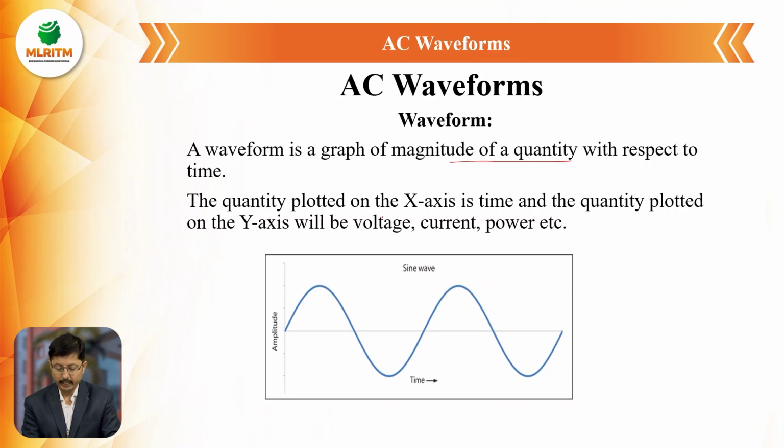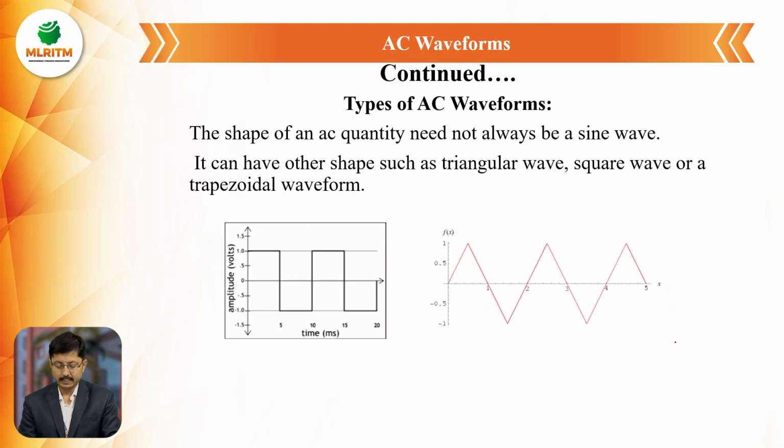The quantity plotted on the x-axis is time, and the quantity plotted on the y-axis will be the voltage, current or power, etc. So this is about the waveform.